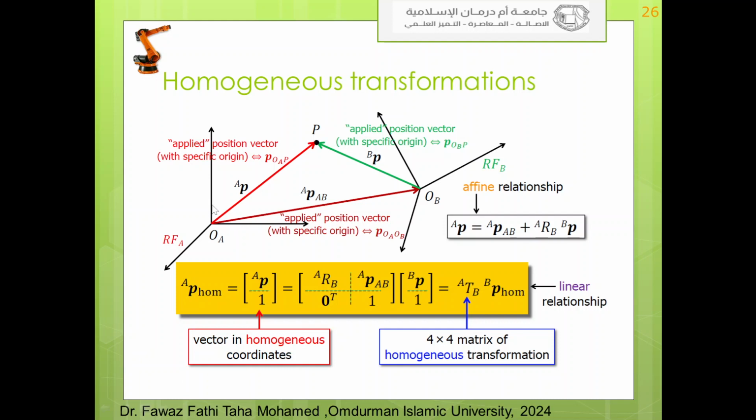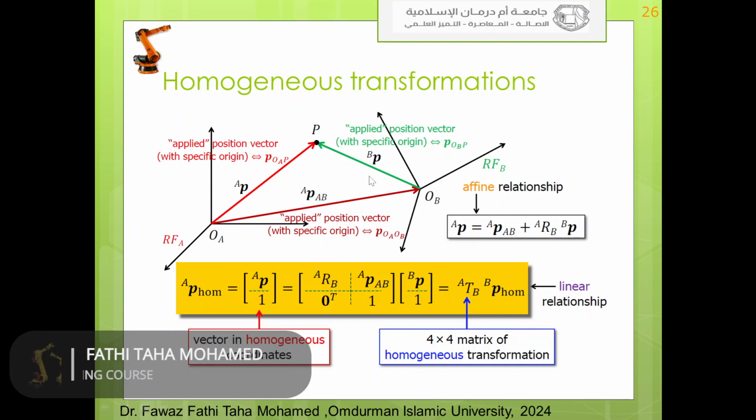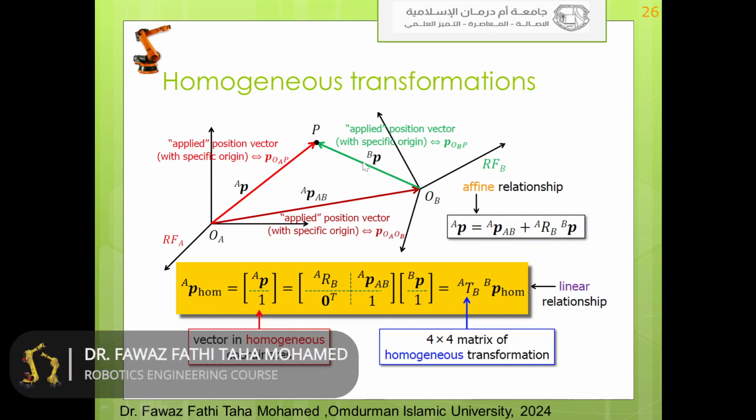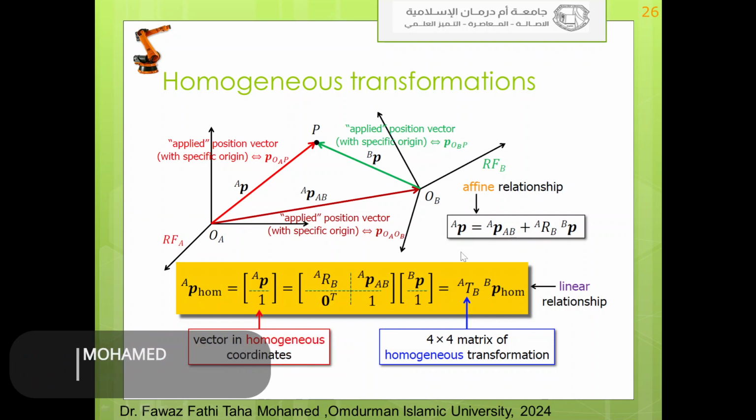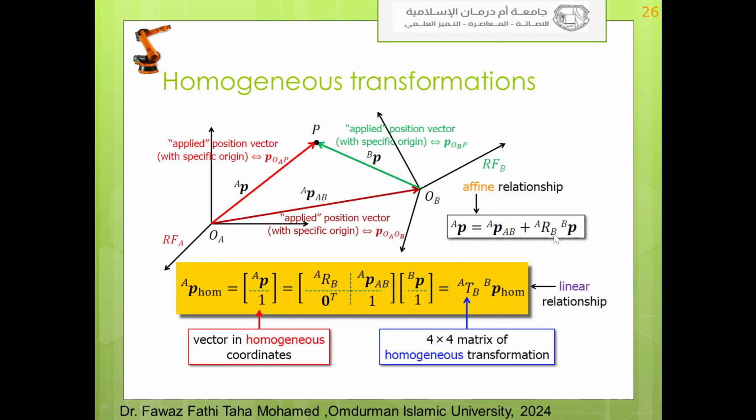We can find this final vector P^A is equal to this vector P_AB^A plus P in reference frame B. But in order to make all of this summation with respect to the same frame, we have to find this vector with respect to frame A. So I have to multiply it by the rotation matrix BA.